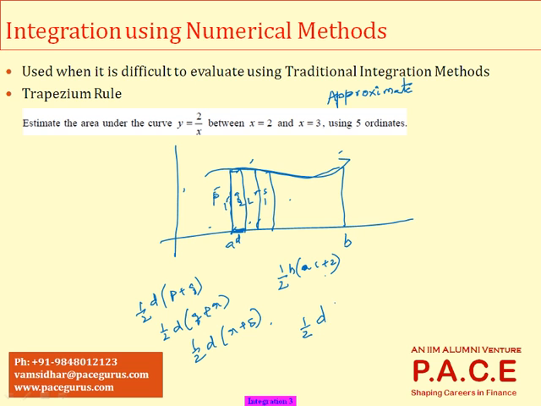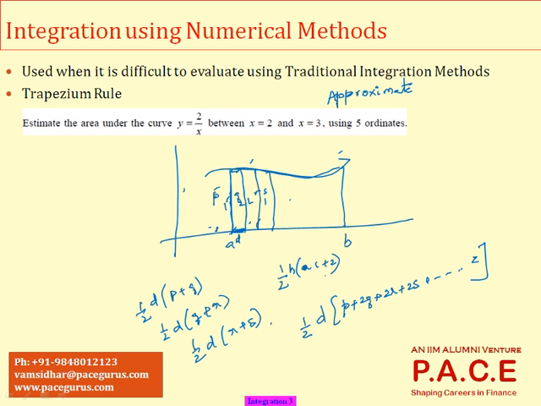Half D into P plus 2Q plus 2R plus 2S plus so on, and again the last one, whatever it is, Z, that does not repeat. But rest of all in the middle, they are repeating twice.